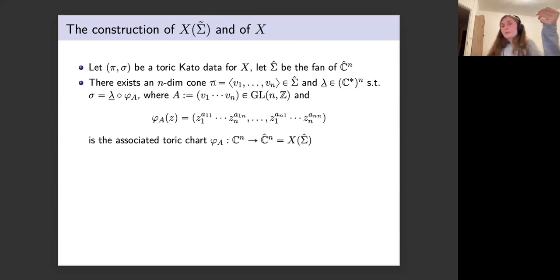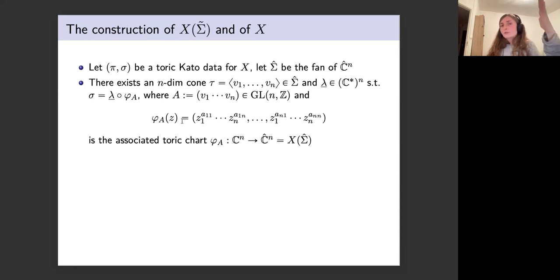So this n-dimensional cone will be generated by n vectors v1, ..., vn, which have all integral components. So if you put them all together in a matrix, you get a matrix in GL_n(Z). And then this phi_A of z will have this form, at least when you take z in (C*)^n, where you can really write coordinates globally.